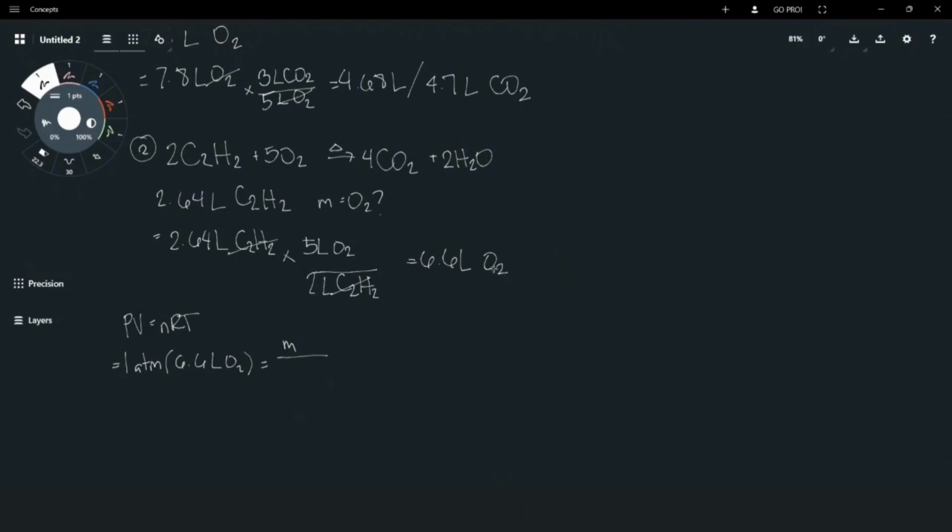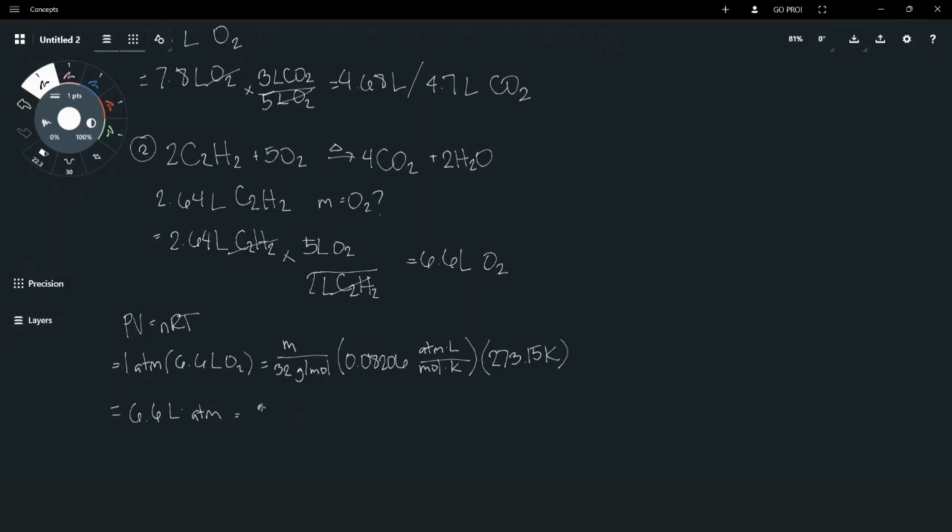Our molar mass is 32 grams per mole, multiplied by our gas constant of 0.08206 atmosphere liter per mole Kelvin, and our temperature of 273.15 Kelvin.